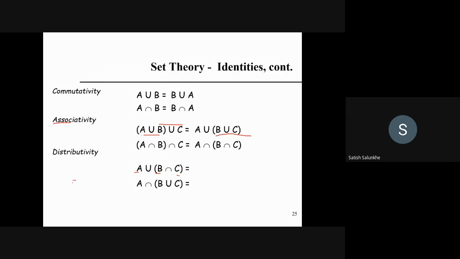So what does it mean? In layman's language, in mathematics you have something like 5 into (3 plus 10). Alternatively, this is equal to 5 into 3 plus 5 into 10.